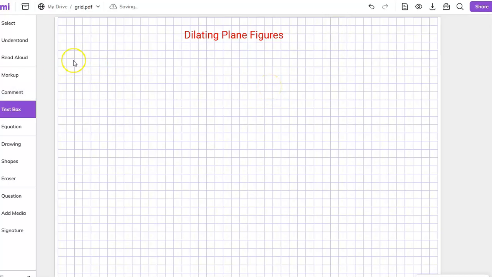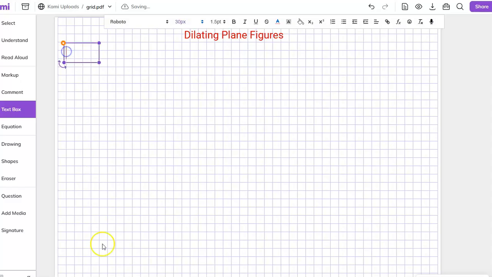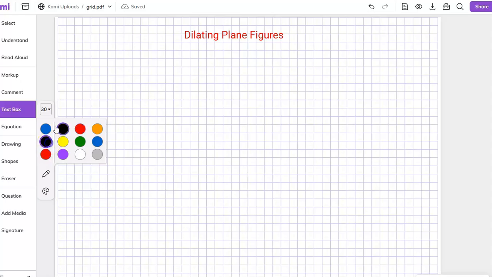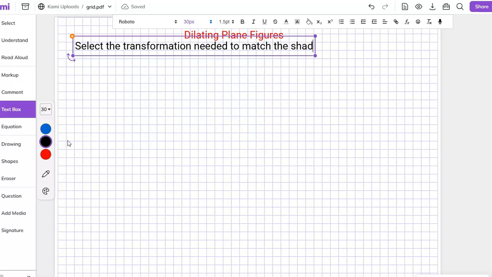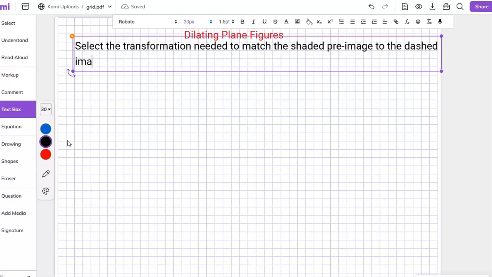And then I'm going to type out the problem. So select the transformation needed to match the shaded pre-image to the dashed image.